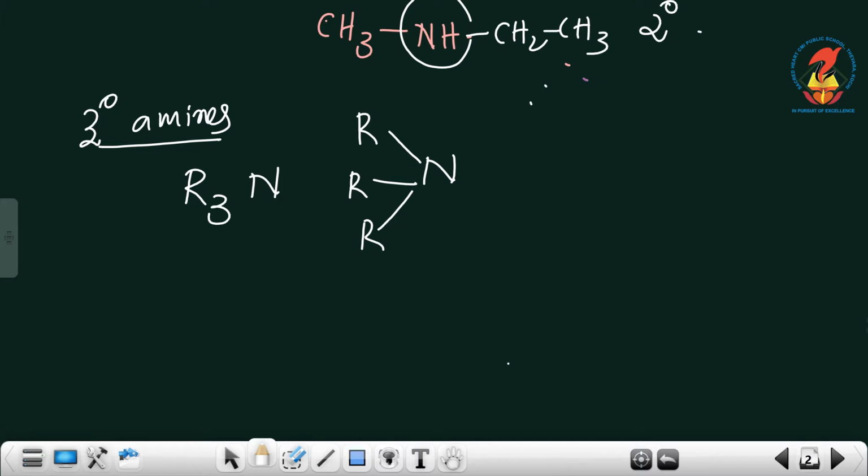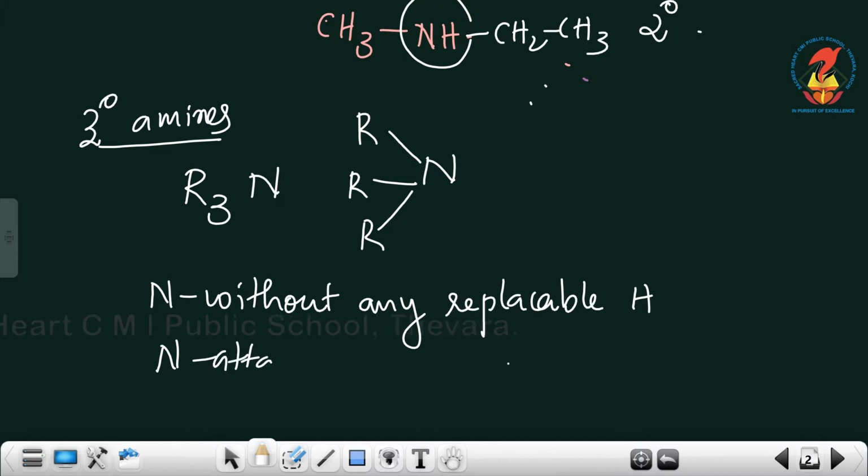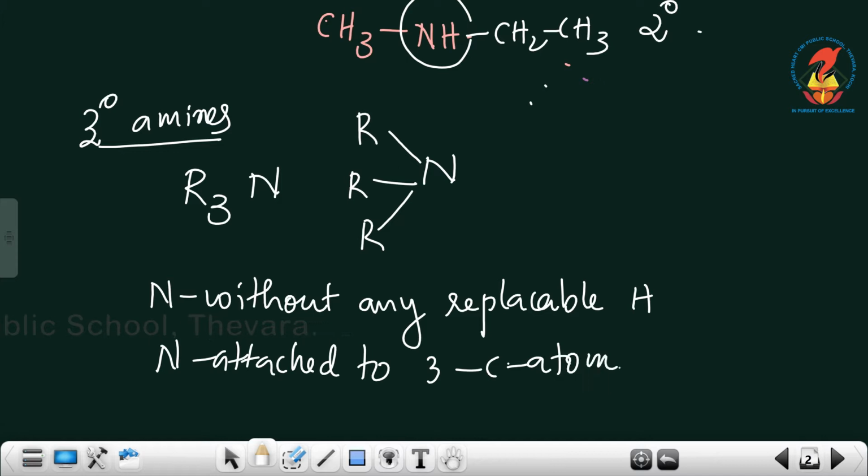So how can we define a tertiary amine? Nitrogen atom without any replaceable hydrogen, or based on the number of carbon atoms attached, nitrogen atom attached to 3 carbon atoms.